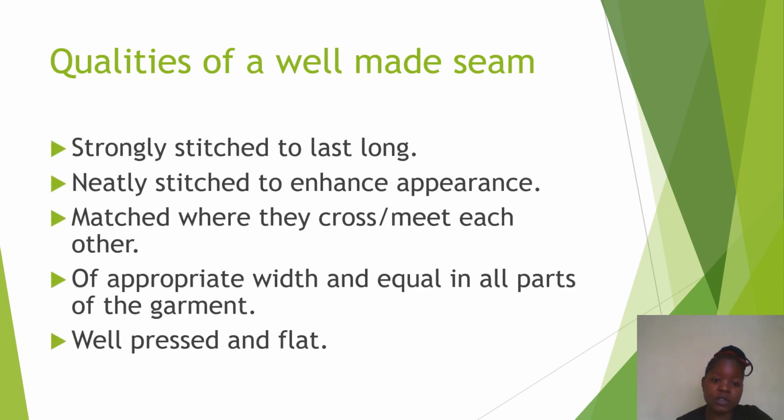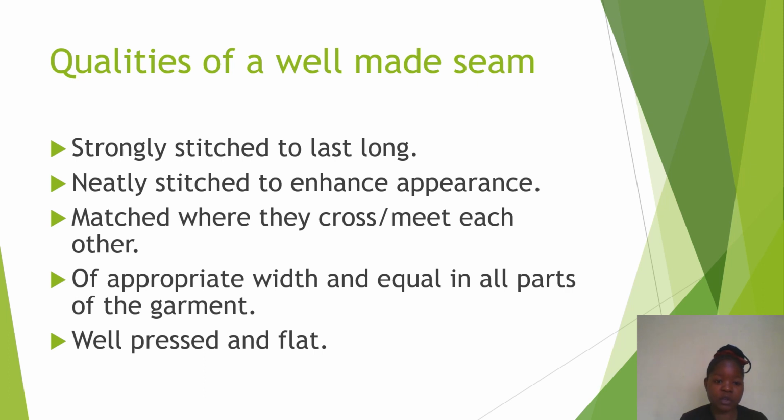A seam should be strongly stitched to last long, neatly stitched to enhance appearance, and matched where they cross each other. For example, on your garment we have the shoulder seam and the armhole.